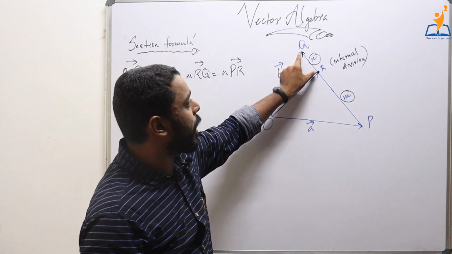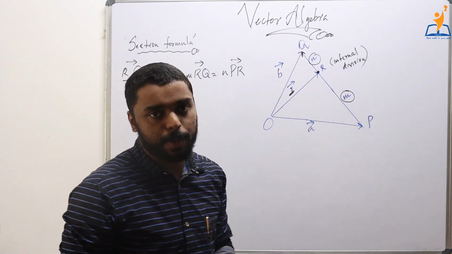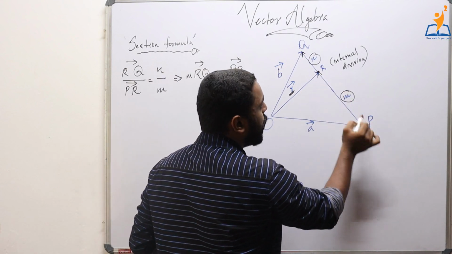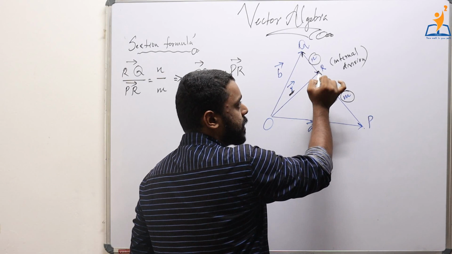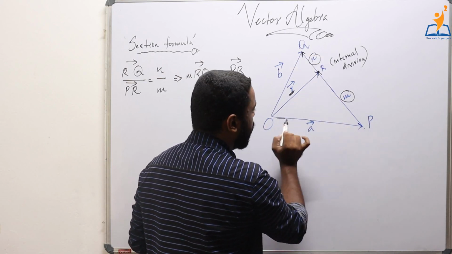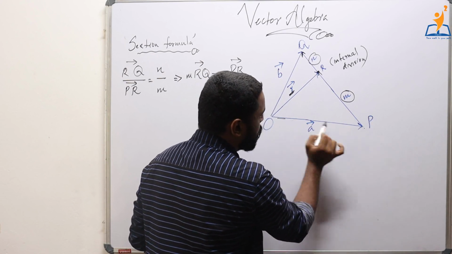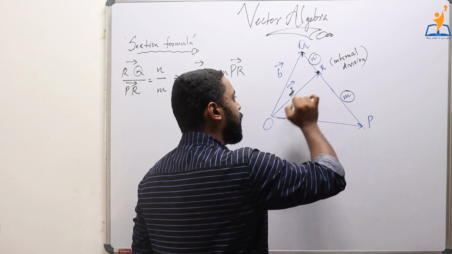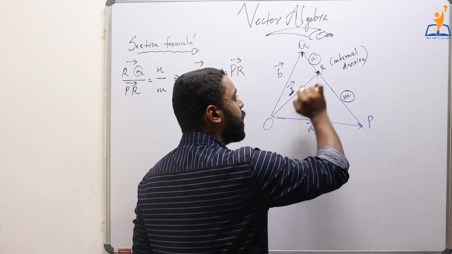Now we are going to find what RQ and PR are. Here PR is a vector which starts from P and ends in R. RQ is a vector which starts in R and ends in Q. Here we can form a triangle with the position vector A as one side, the vector PR as one side, and the resultant vector is nothing but OR.